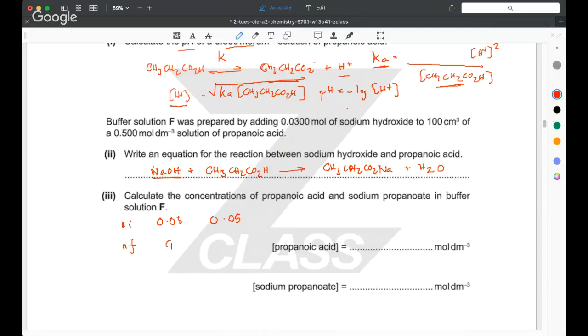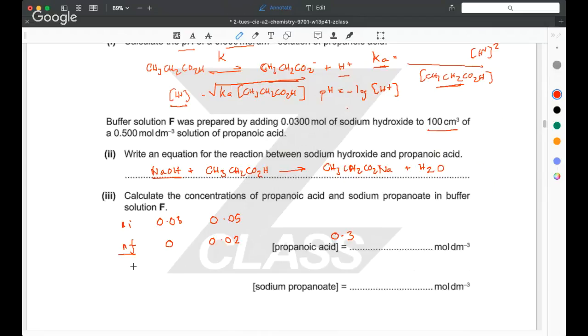Then all the sodium hydroxide has been used up, and you've made 0.3 of a mole of the salt, sodium propanoate, and you've got 0.02 of a mole of propanoic acid in excess. So you just worked those out by looking at this neutralization reaction here. And these are your amounts, okay? But those amounts are in 100 centimeters cubed.